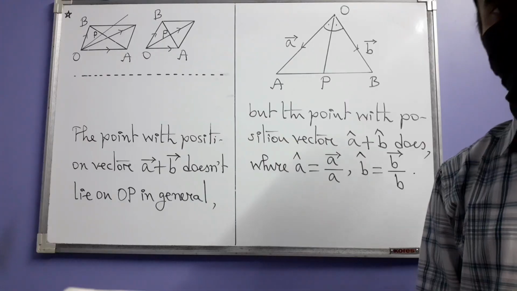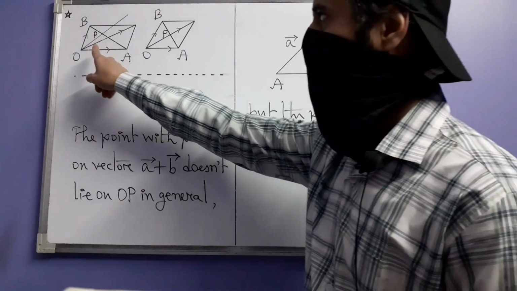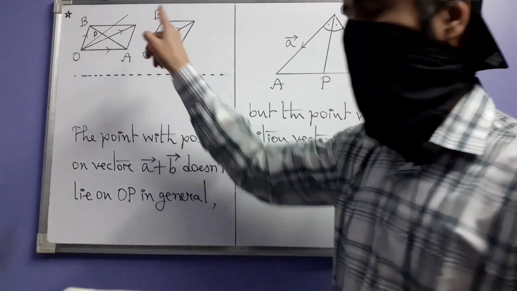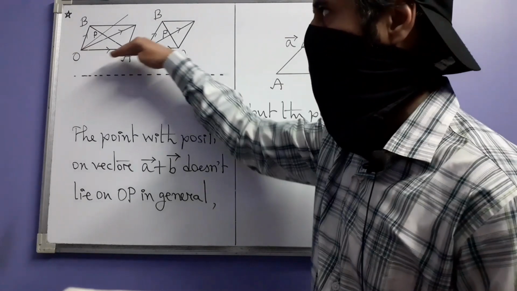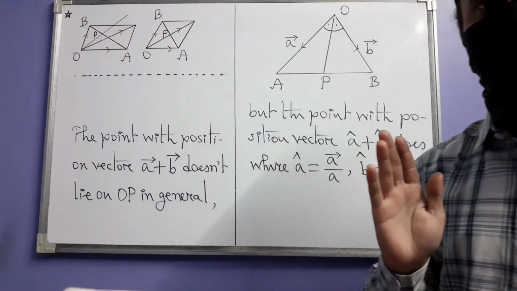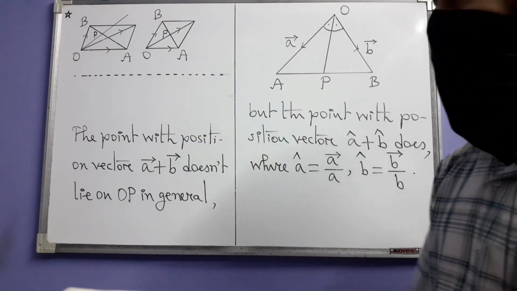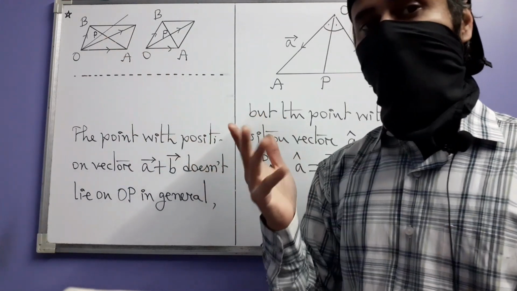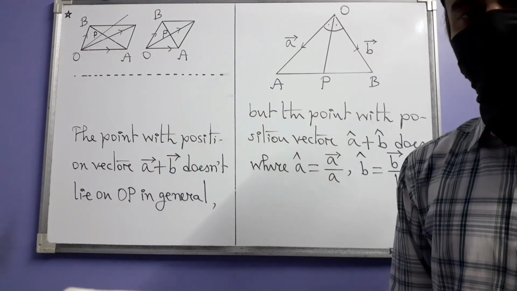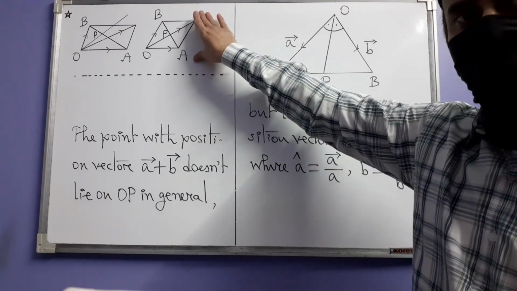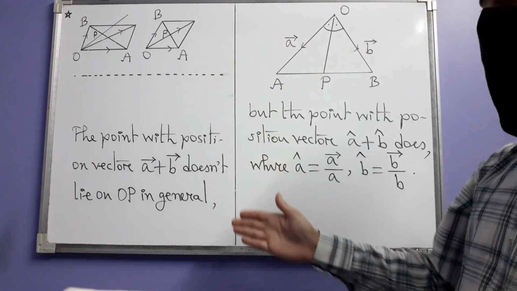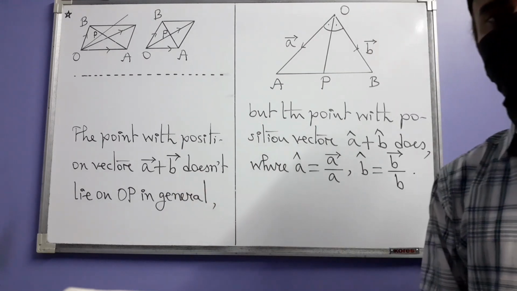OP is the angle bisector, whereas this point lies on this diagonal. Why does this happen? This happens because these two sides of the parallelogram are not equal, and that is why diagonals are not angle bisectors. Diagonals become angle bisectors only when the parallelogram is a rhombus. So because of this geometric fact, we have this.